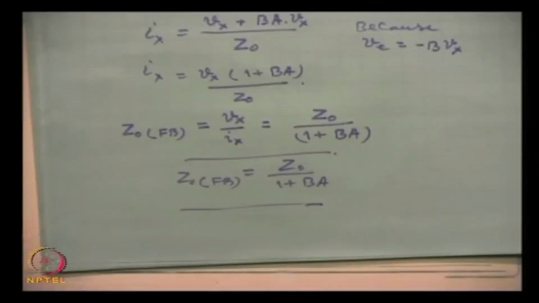All variations are governed by the factor 1 plus B A. I have derived this relationship just for one configuration, but the analysis can continue for all.